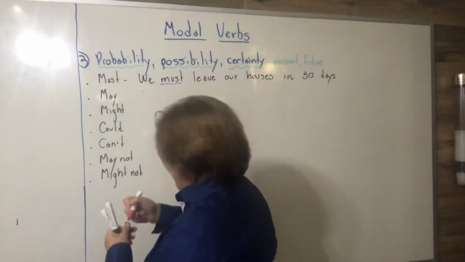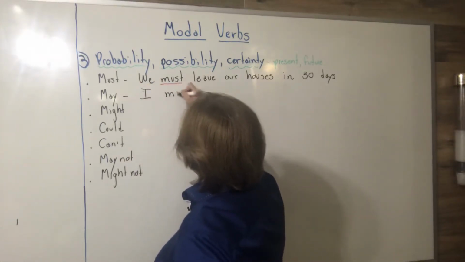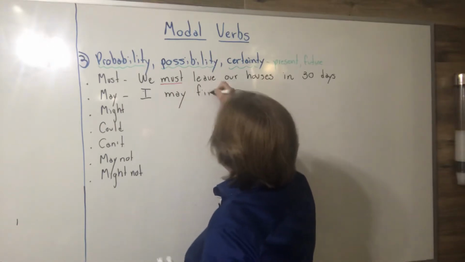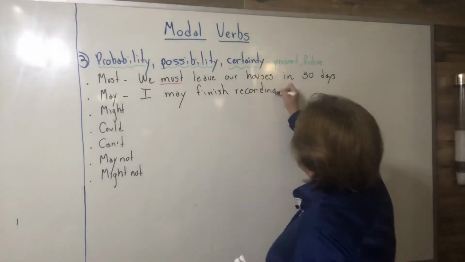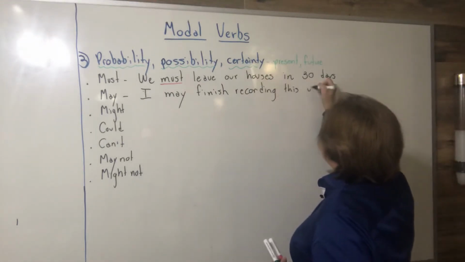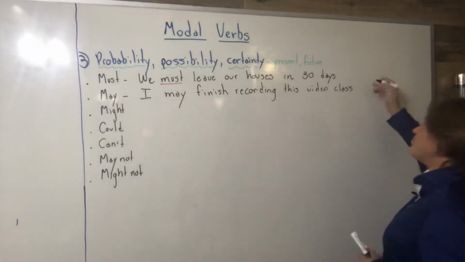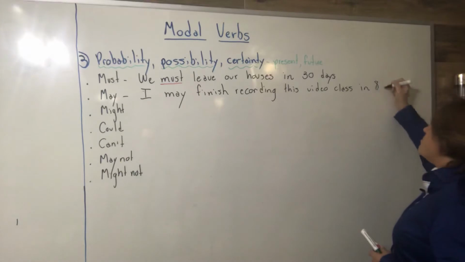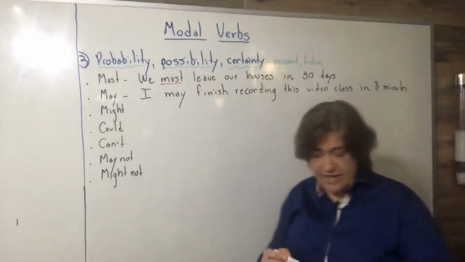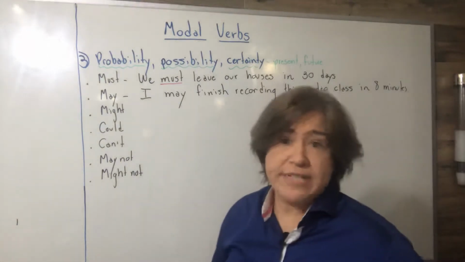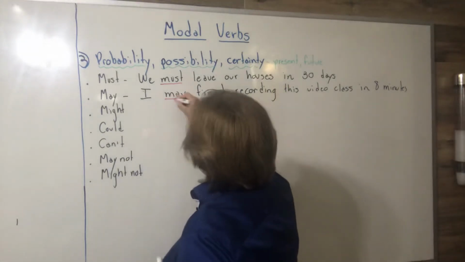So I'm going to say: I may finish recording this video class in 8 minutes. It's a probability I give about the future, a very recent, near future, and I'm using may.